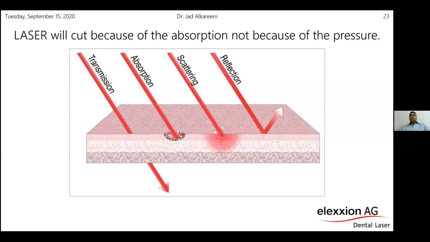That means you are using your laser at a very, very high power, which means it will pass through your tissue and it will, of course, cause some damage. So the most important reaction for the dentist among those 4 is the absorption. If you have a correct absorption into the tissue, you will have a good effect and a good prognosis for your case.